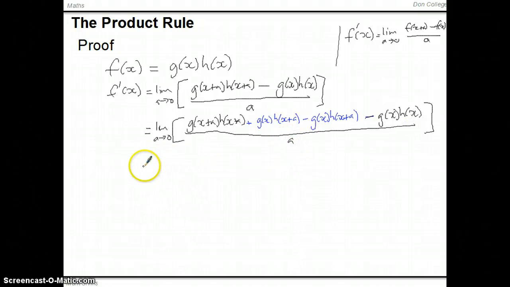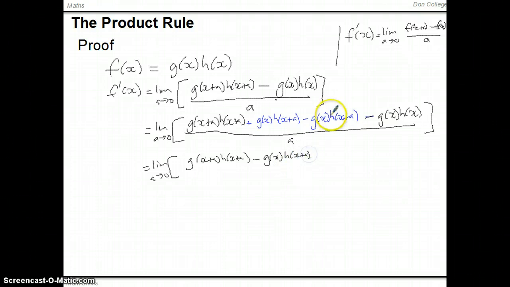So what I can do now is put this term together with this term and this term together with this term. So what I end up with is g of x plus a, h of x plus a, minus g of x, h of x plus a.